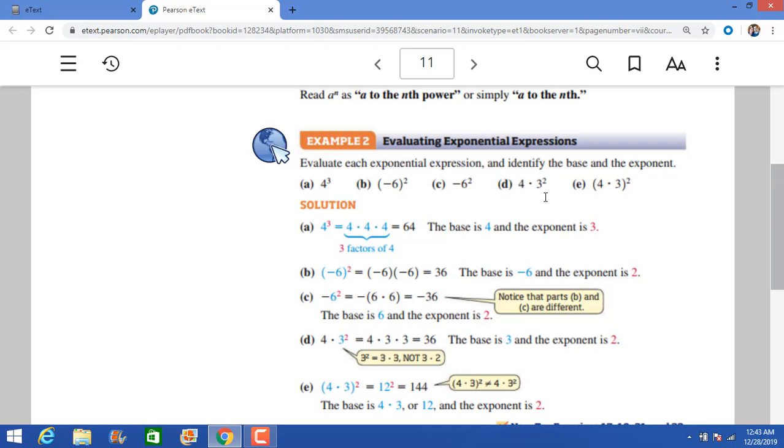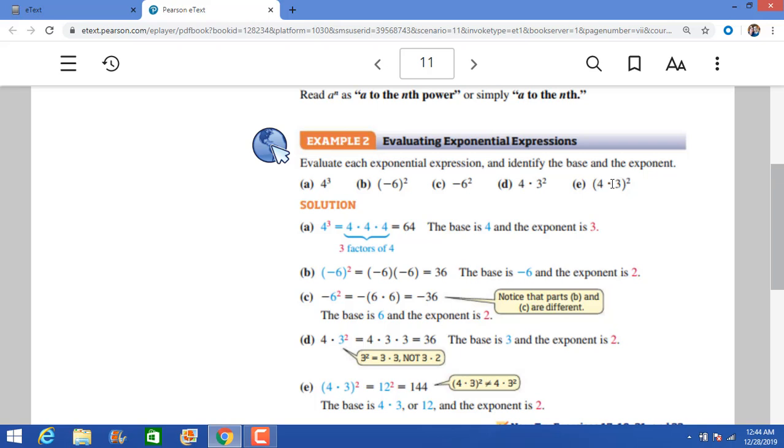And then here, we're taking 3 squared and then multiplying by 4. So this is 4 times 3 times 3, which is 9 times 4, which is positive 36. Here, we've got to consider the parentheses. Everything inside the parentheses is being squared. So this is the quantity 4 times 3, squared. That means we're going to do 4 times 3, and then times 4 times 3.